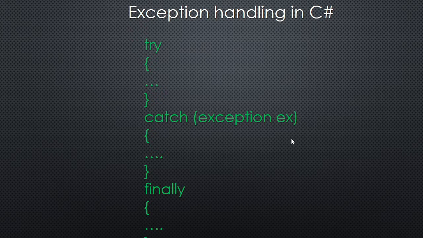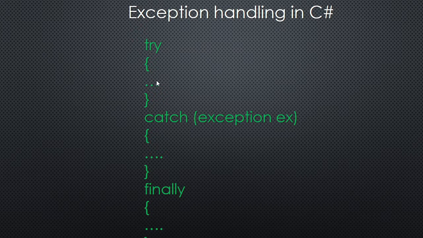In the catch part, inside the parentheses, you can optionally define the exception. This exception is a built-in class in C#. You can use it as it is, and this is just a name for the exception. You can give it any name you want, like ex, exception, whatever you want to use.